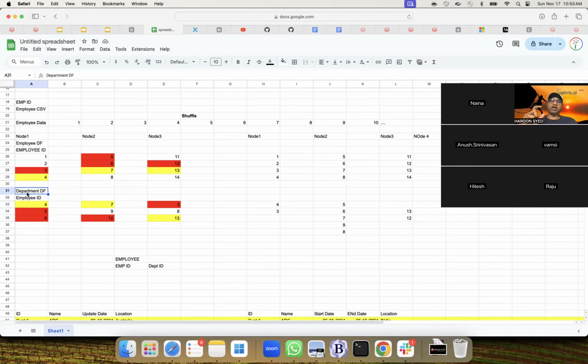So every node will have all the data set. It's not partitions anymore. The complete data set gets shipped to all the nodes.